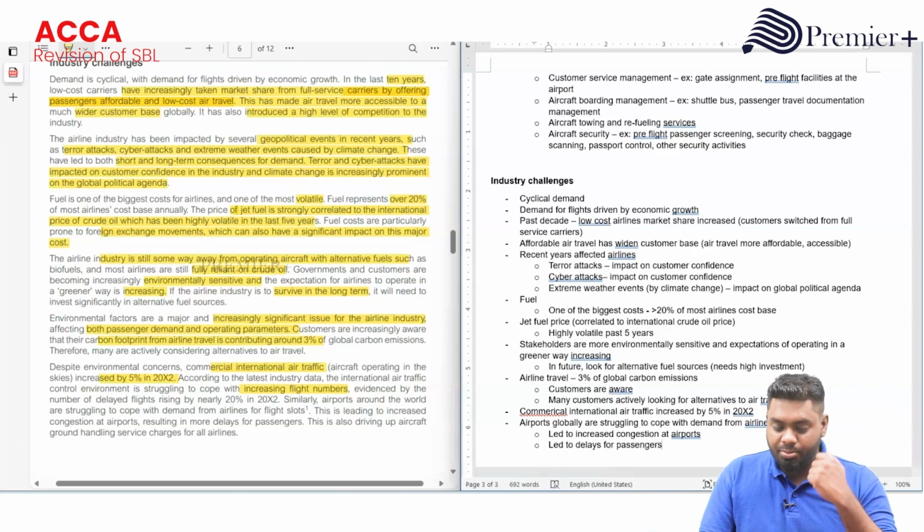This is also driving up aircraft ground handling service charges for all airlines. Ground handling or service charges increased.